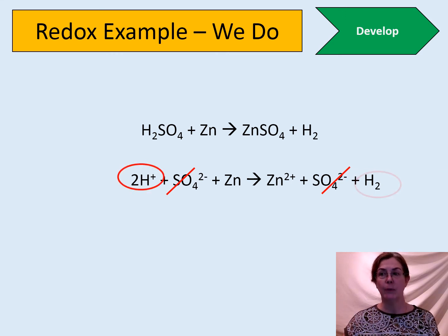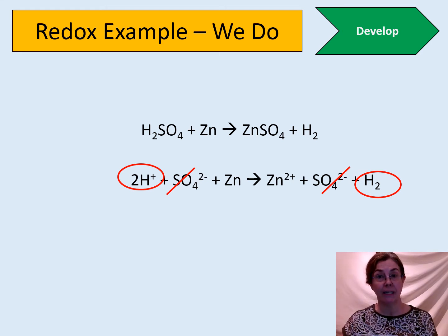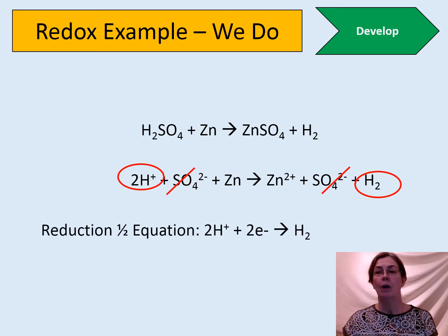So what happens? We can see that the hydrogen ions take part in the reaction because they're changed to hydrogen gas, the element hydrogen. We can write that reduction equation because the two hydrogen ions gain 2 electrons and they become a hydrogen molecule.